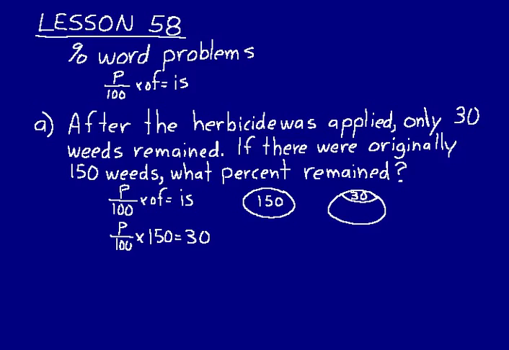Now in a problem like this, it might be a good idea just to say P times 150 over 100, just rearrange it a little bit, equals 30. And then you're going to multiply both sides by 100 over 150.